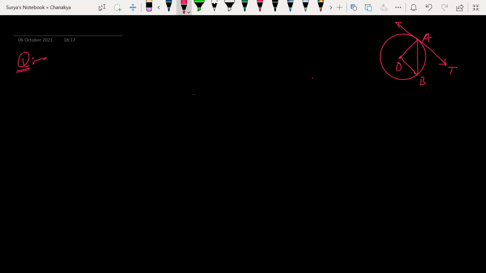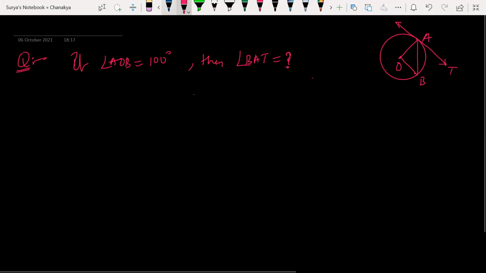Now, if angle AOB is equal to 100 degrees, then what is this angle B? Make it fast.